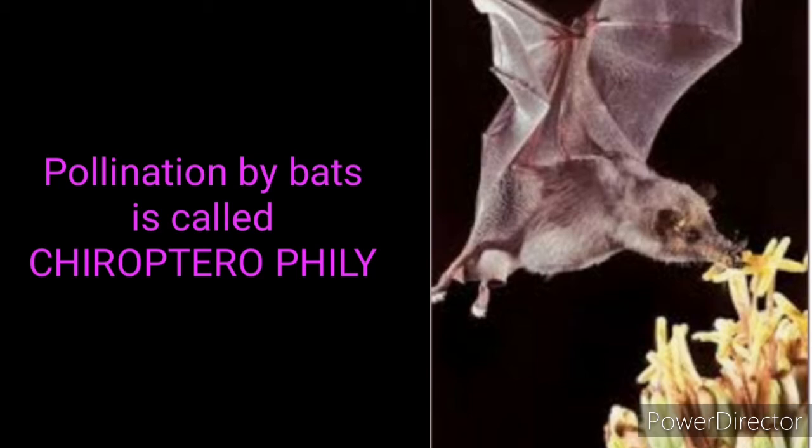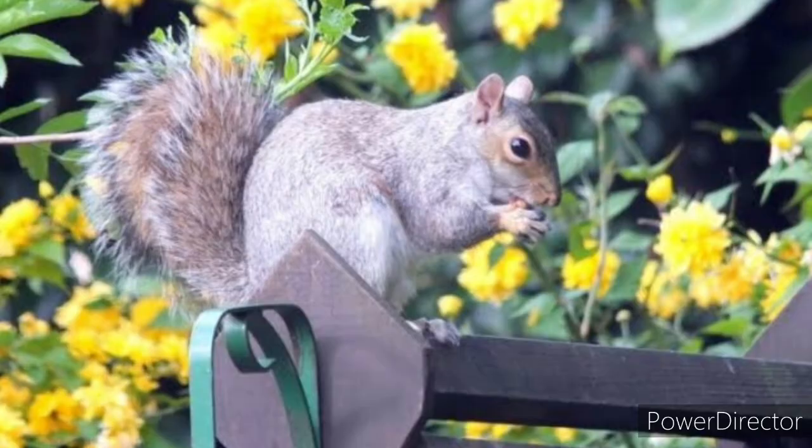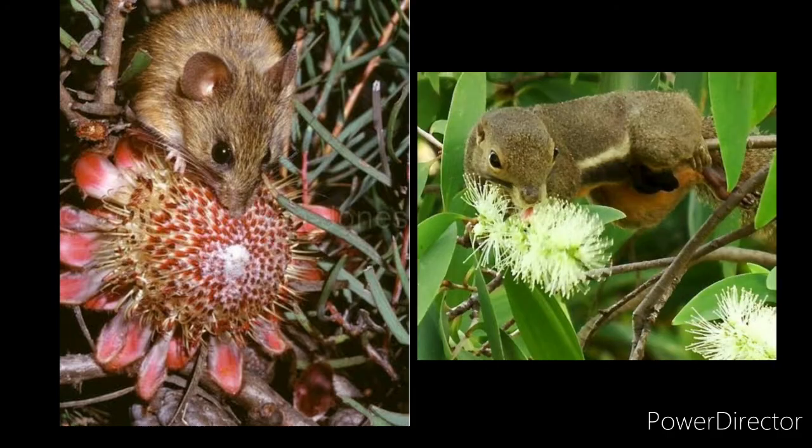Pollination by bats is called chiropterophily, and pollination by snails is called malacophily. Pollination by animals is called zoophily. Zoology, you know that word, is the study of animals.